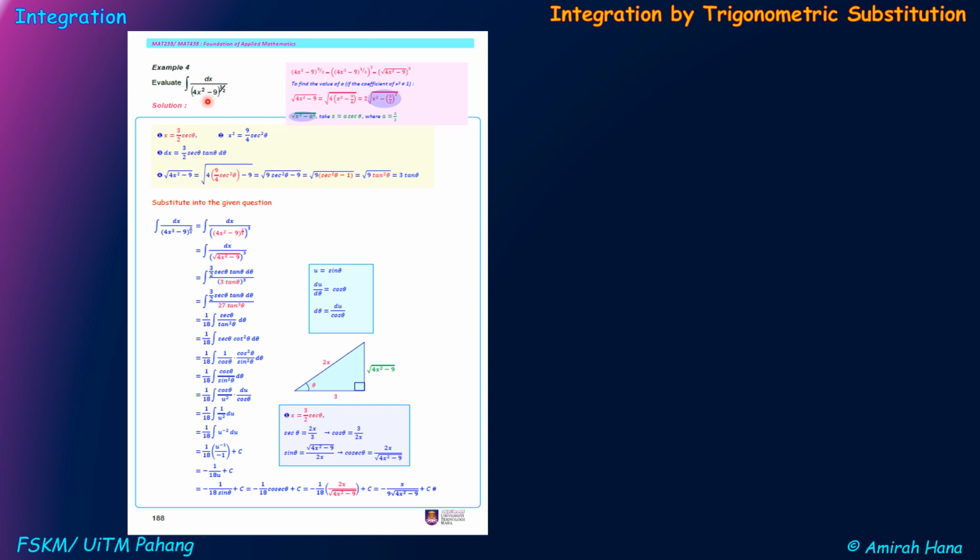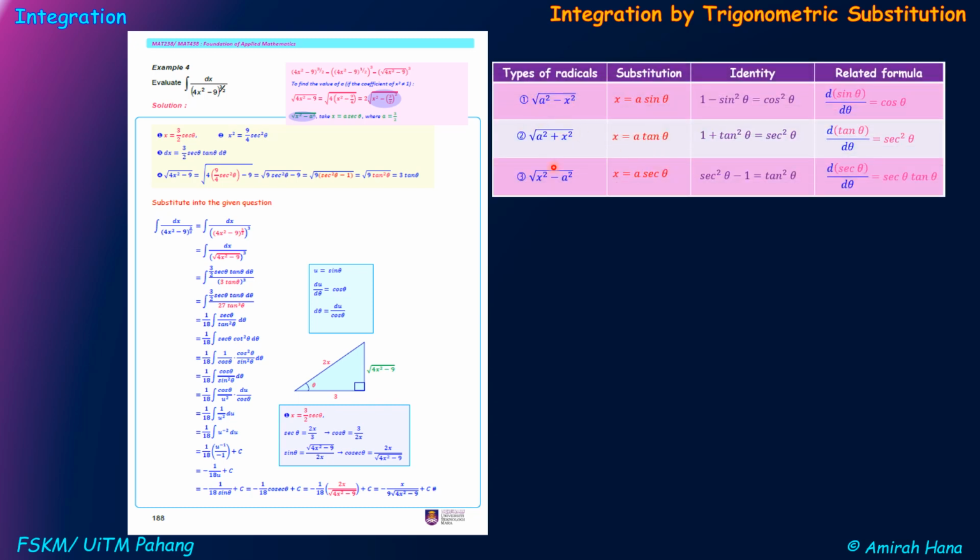Why? Before that, for trigo sub, we can compare with this formula. There are 3 types here. So which one do we compare with? Before that, (4x squared minus 9) to the power of 3 over 2 actually equals ((4x squared minus 9) to the power of half) to the power of 3.